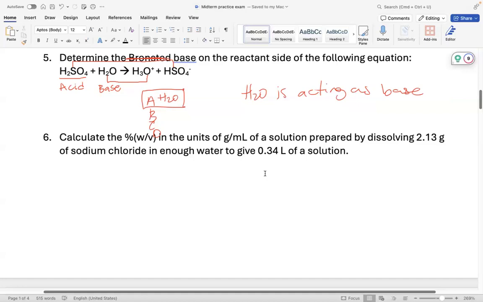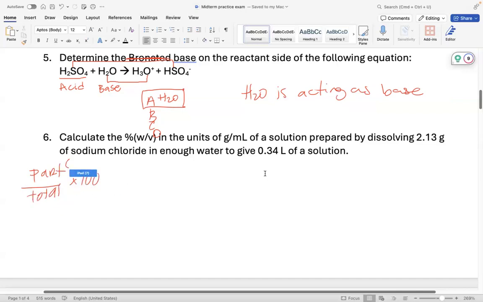All right, number 6, calculate the percent weight volume in the units of grams per mL of a solution prepared by dissolving 2.13 grams of sodium chloride in enough water to give 0.3 liters of solution. All right, so this is just part over total times 100.